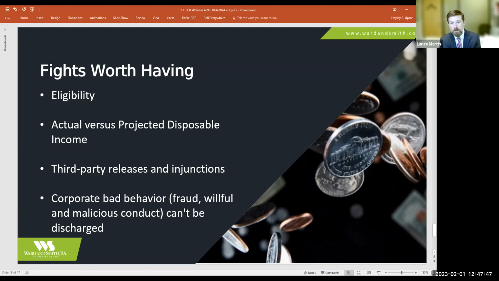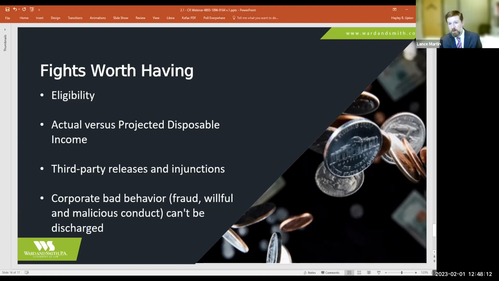But if you've got some fraud involving lender obligations, these things can't be discharged under Subchapter V. There was some thought, and some courts in other states allow corporate debtors to discharge this type of debt under Subchapter V. Our big court, the Fourth Circuit, has said no, businesses can't.